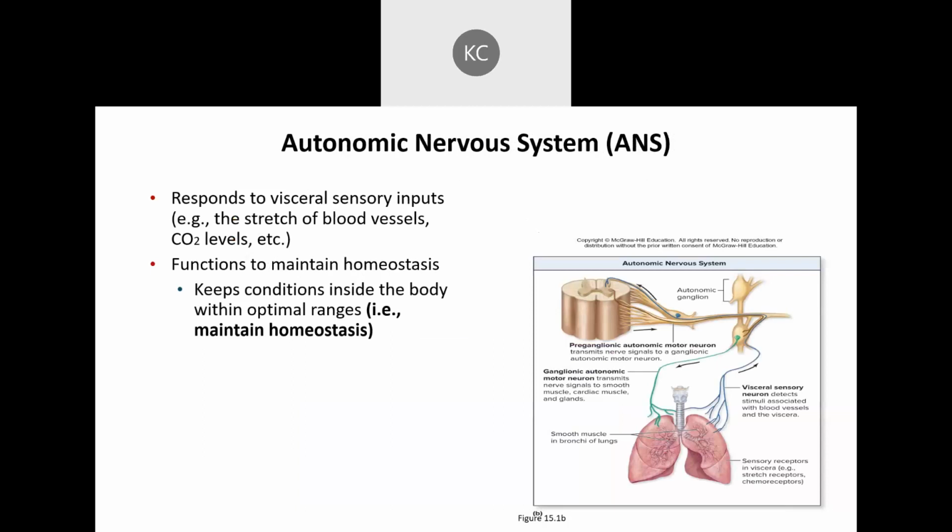You can also look at CO2 levels or carbon dioxide levels or gas levels or hydrogen ion levels, something like that. When you get to talking about the respiratory system and renal system, you monitor the composition of the blood and composition of different fluids in the body, and in response to a change in that composition of the fluid, you get some effect, right? And so the whole idea here, the very first lecture that we did, we discussed homeostasis.